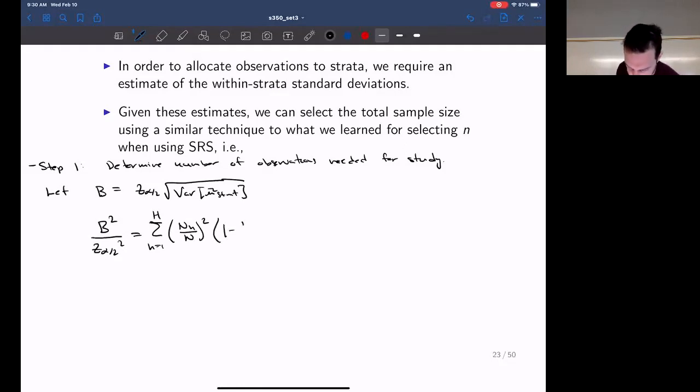This is multiplied by the finite population correction, which is multiplied by sigma squared h over little n_h.